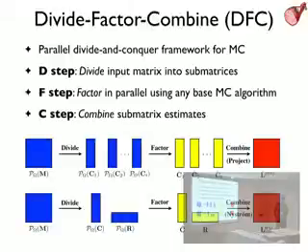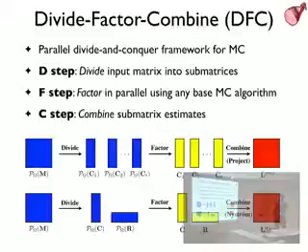Then you solve the matrix completion problem on each of these submatrices in parallel using any base matrix completion algorithm. And finally, you use matrix approximation techniques to combine the estimates that you have from each of the factored submatrices. This picture below shows 2 different ways we go about dividing and combining, which I'll go over in more detail in the next few slides.